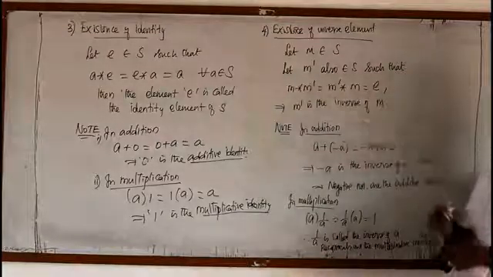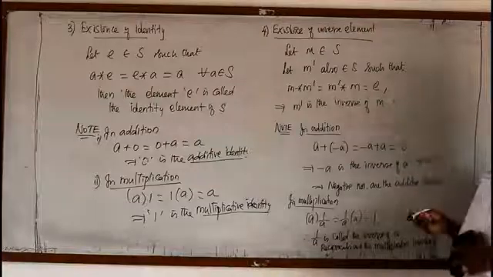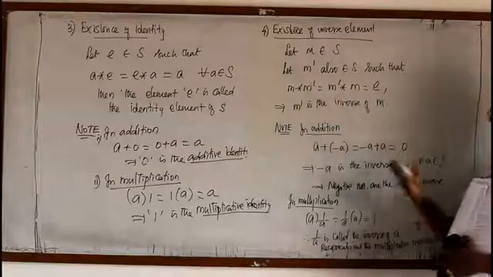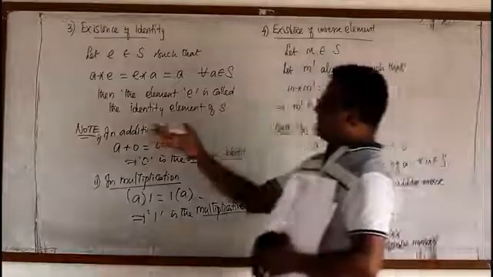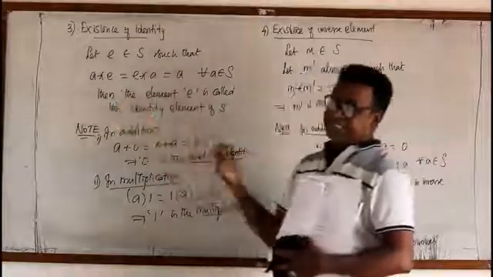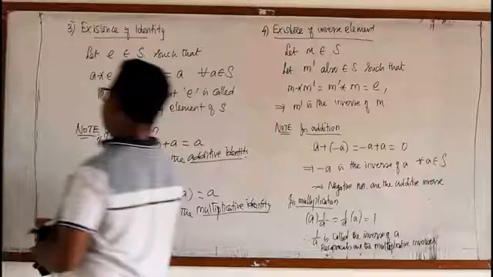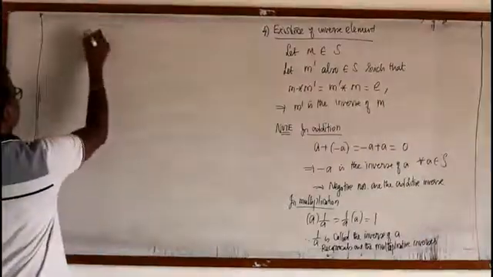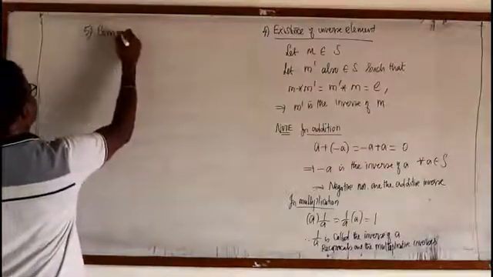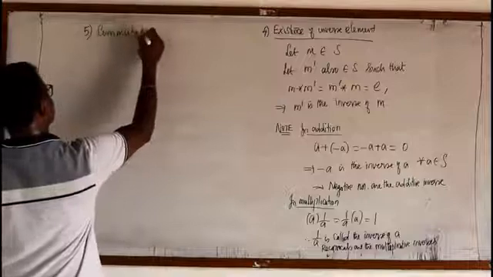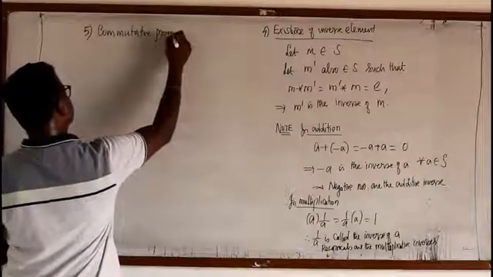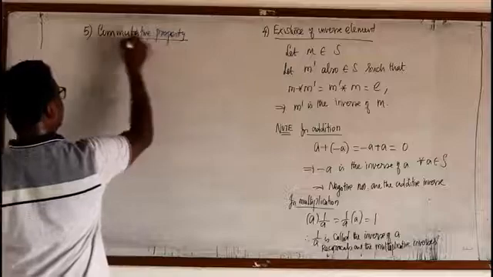When I operate two elements and I get the identity as the answer, then one element is the inverse of the other. That's all. When I operate two elements, if I get the element itself as the answer, then it is called an identity. Now we shall go for the next property, called the commutative property or commutative law.